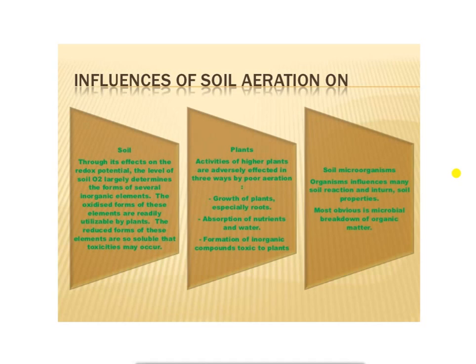Then plants: activities of higher plants are adversely affected in three ways by poor aeration. Then the next important influencing factor is soil microorganisms. The organisms influence many soil reactions and in turn soil properties, and have a great influence on soil aeration.